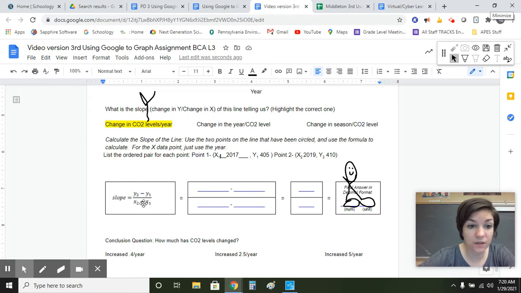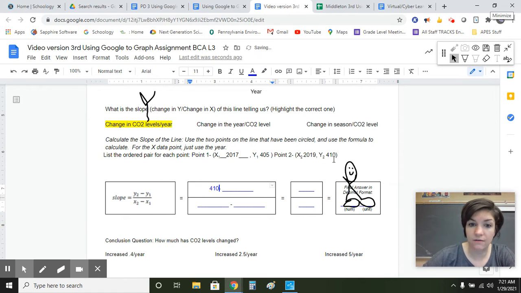Awesome. So now we just plug and chug here. And you are going to have to do this on today's activity. So once you have your 2 points, literally just stick with that. Okay. So my Y2 is going to go right here. Y2 is 410. My Y1 is 405.